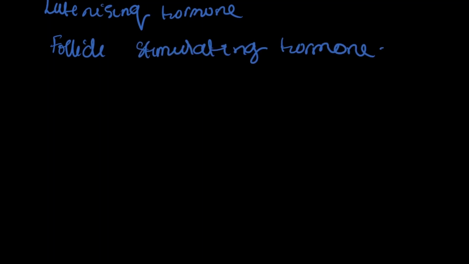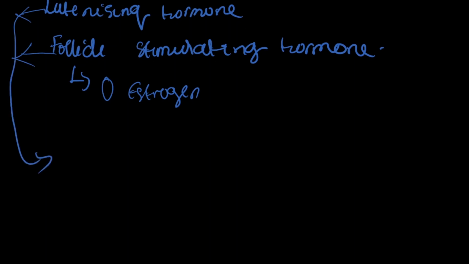Now these hormones are released, and as we would later see, the follicle stimulating hormone stimulates the development of the ovarian follicles for the release of estrogen, while the luteinizing hormone triggers ovulation and the development of the corpus luteum, as well as the production of progesterone.